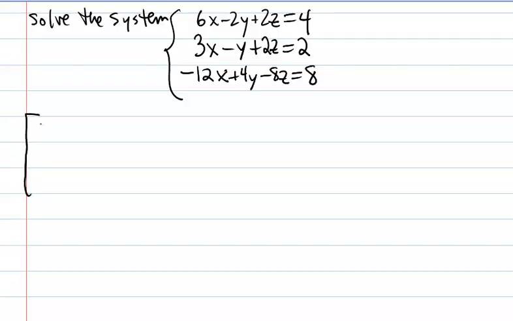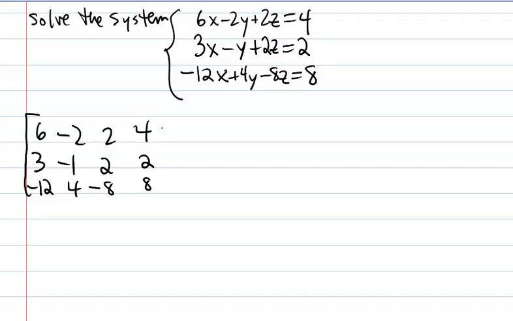I have 6, -2, 2, 4 is my first row, 3, -1, 2, 2, -12, 4, -8, 8. And I'll draw my separating line. So in the top position, I'm going to multiply 1/6 row 1 to turn that into a 1.